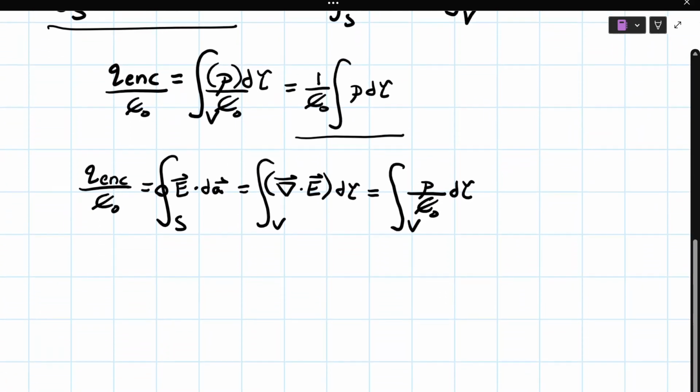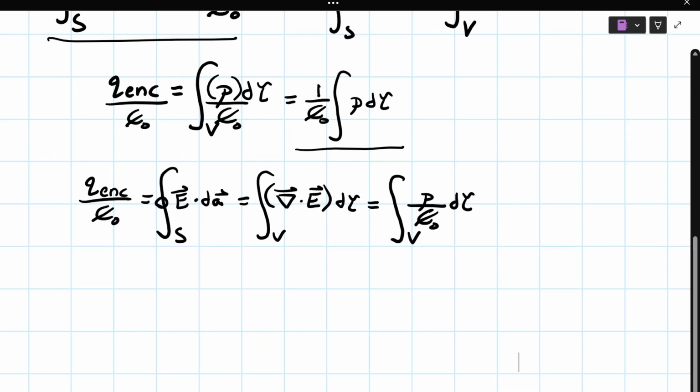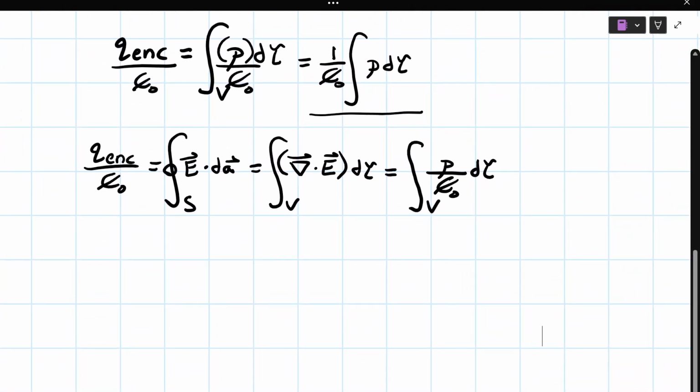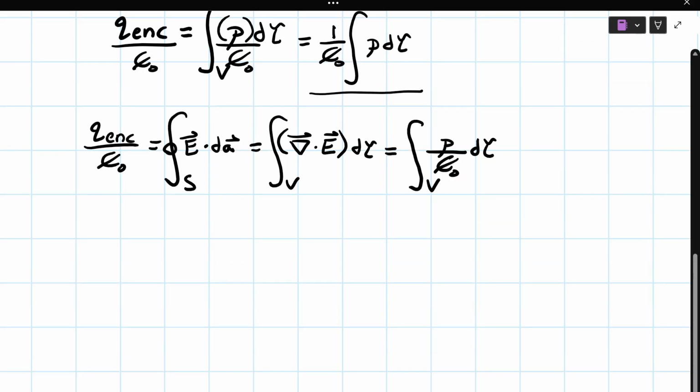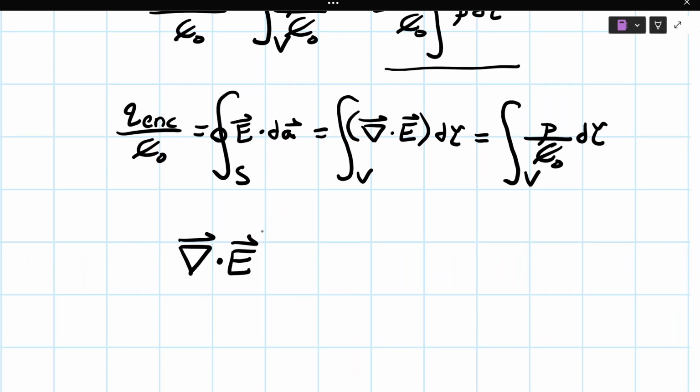Anyway, this volume integral and this differentiable volume element will be the same for this problem. They're going to be over the same volume, so we can recognize that if we were to take the derivative of both sides of this equation, we would end up with what is known as the differential form of Gauss's law.